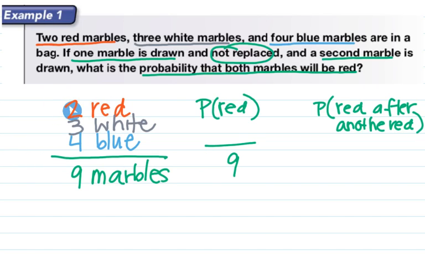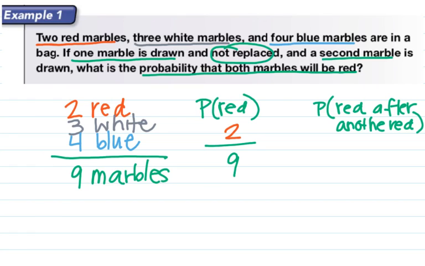So we have 2 out of 9. That is our first probability: the probability of pulling a red marble out of our bag is 2 out of 9.